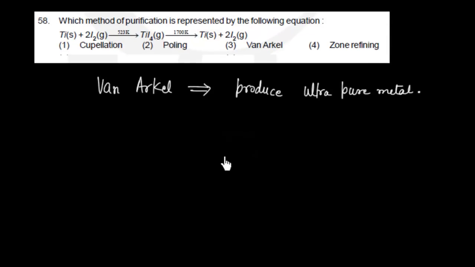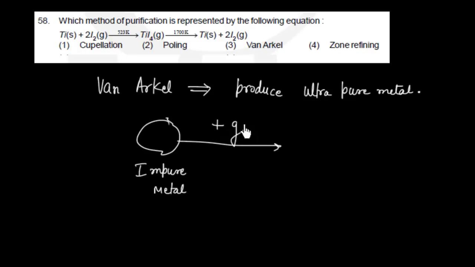In this method, we have impure metal, and we add some gas. If we add some gas and make a compound, this is generally a volatile compound.